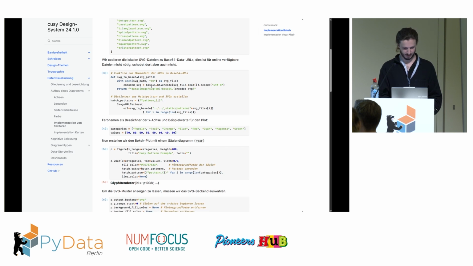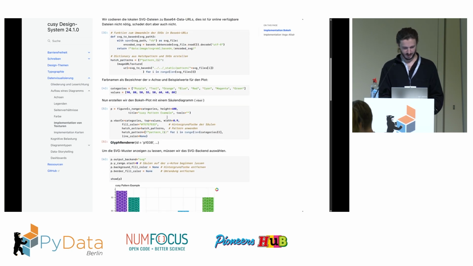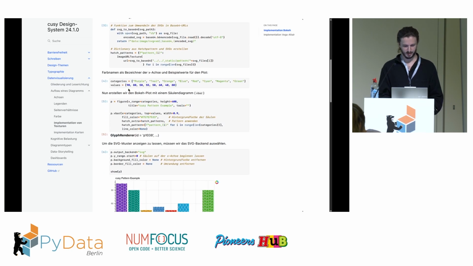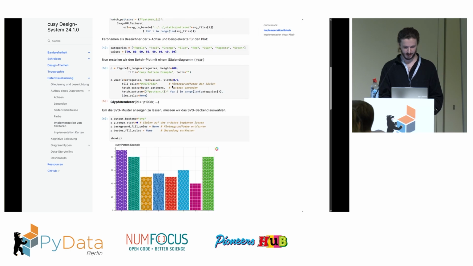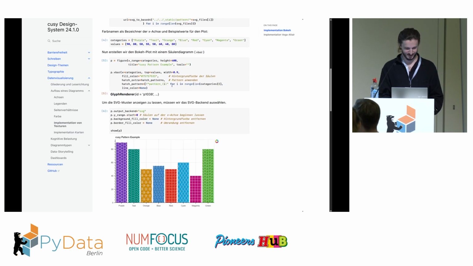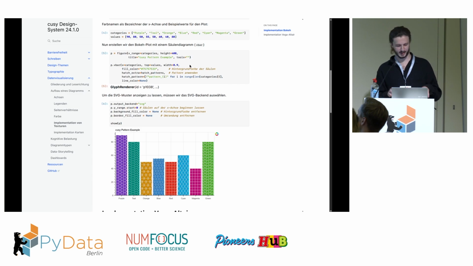We collect every one of the SVG files as an image texture. And then we give some example data and labels for the different colors. And then we generate the figure here as a vertical bar diagram. And to be able to use our SVG patterns, we have to use the output backend SVG, otherwise nothing will show up.